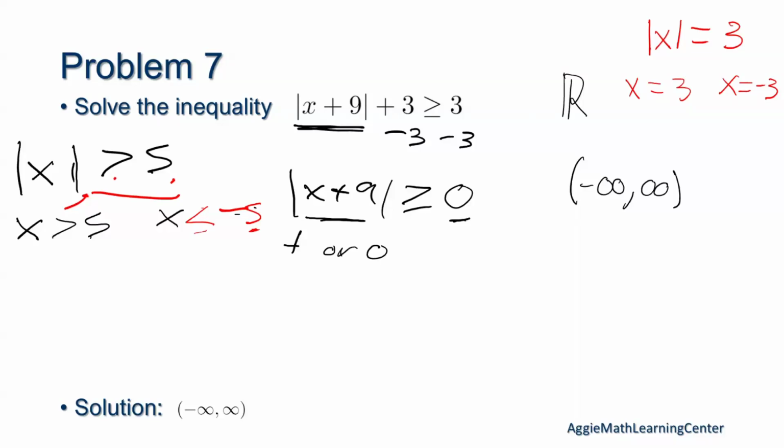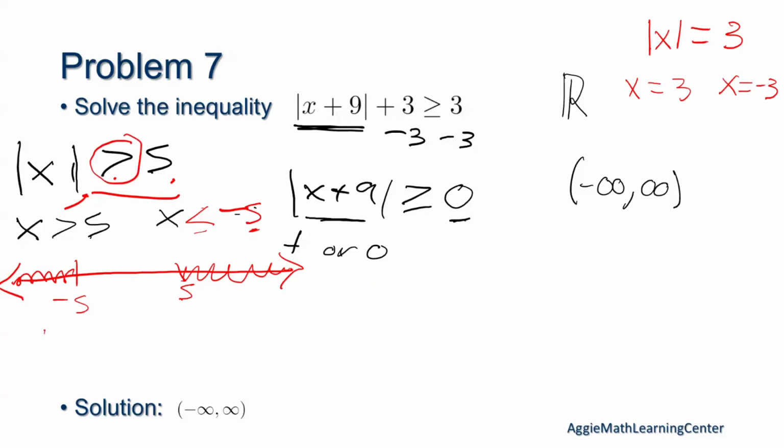So we draw a little picture. 5 here, we'll do -5. So we have greater than 5, and then less than -5. And it can't be and here. This is a greater than.